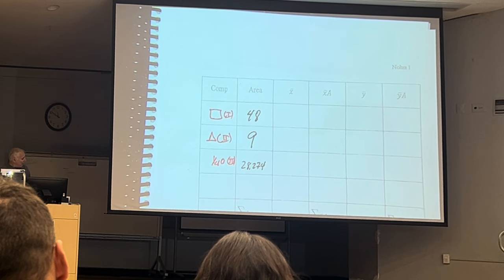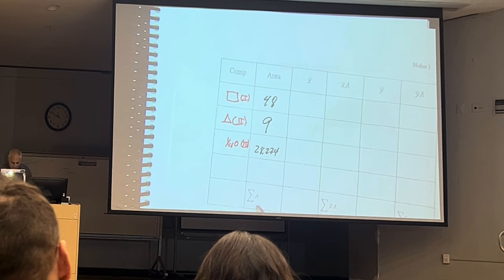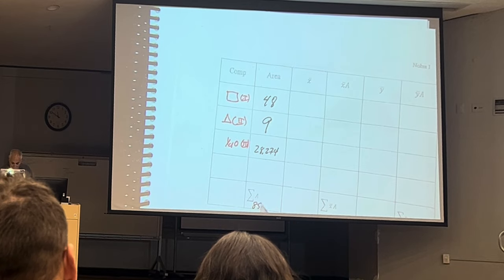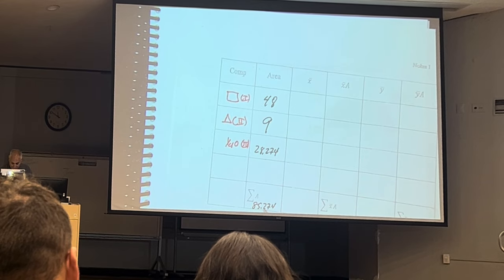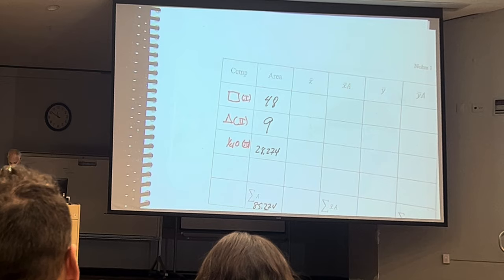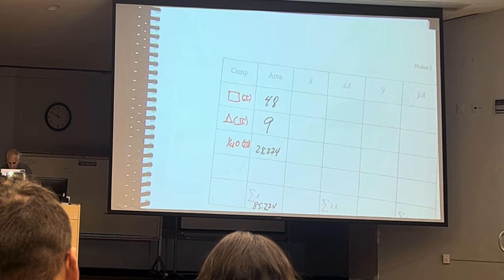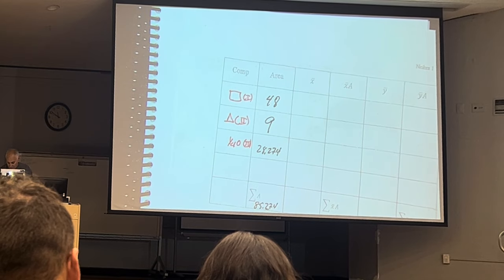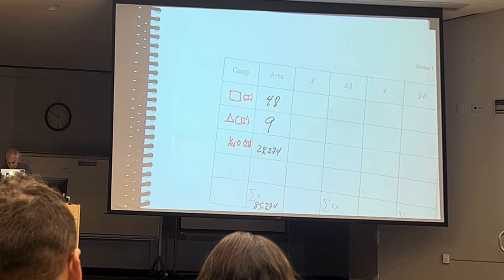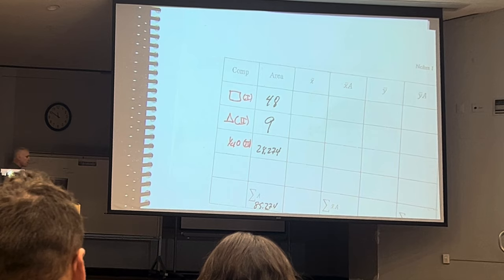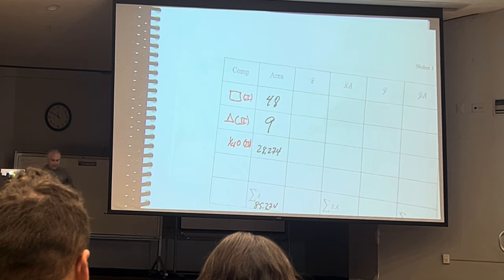Sum this column up. That's going to give me 85.274. So I already know X bar is some number divided by 85.274. Y bar is some number divided by 85.274. That's a fact.